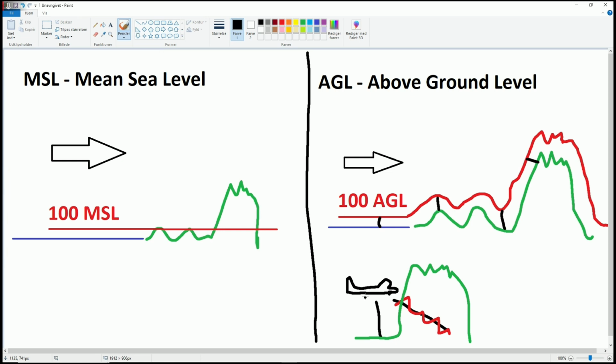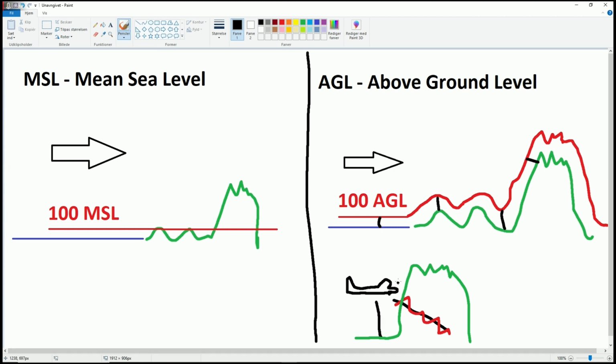That is why if you fly 100 AGL and suddenly the terrain rises up pretty fast, the nose of the aircraft can technically hit a mountain before the sensor tells you that you need to go up, because the sensor measures 90 degrees below you.